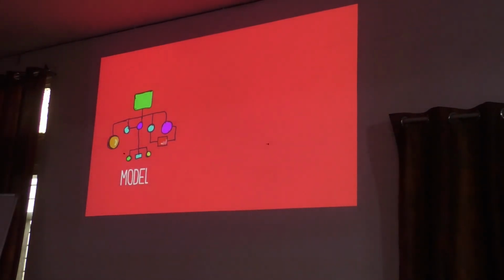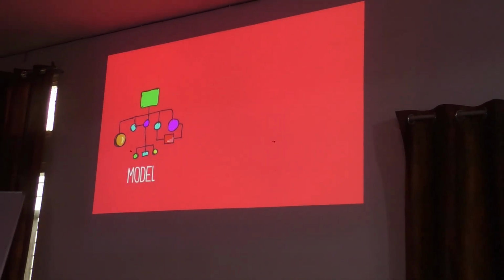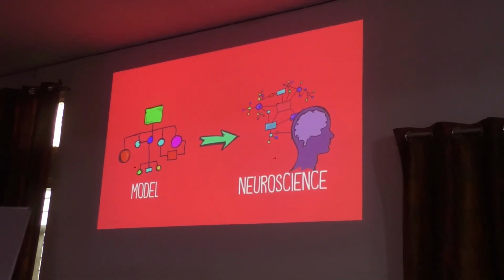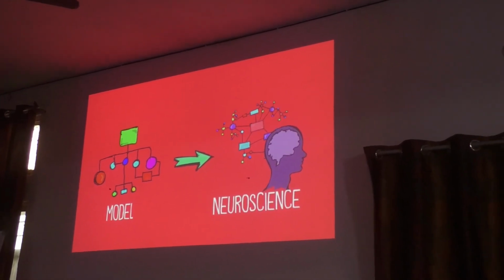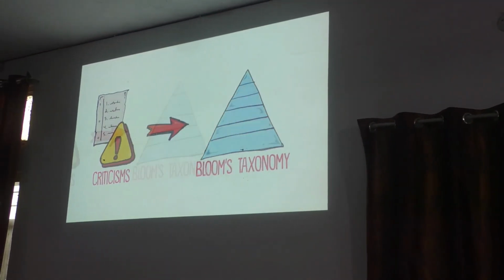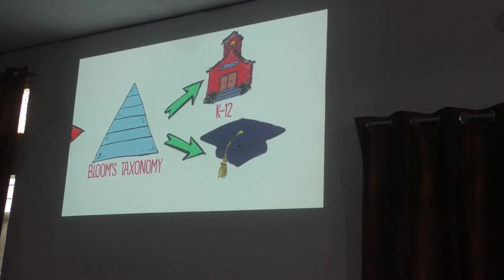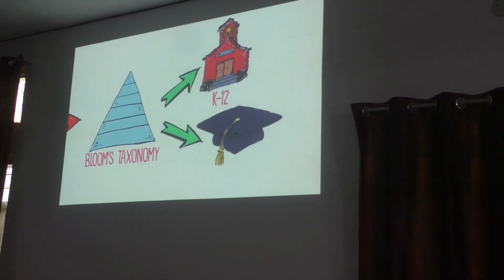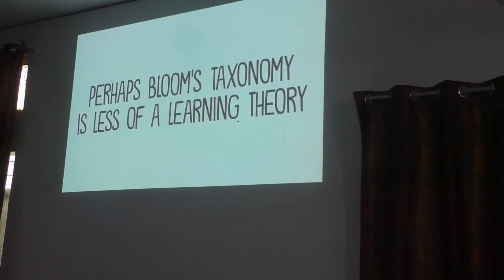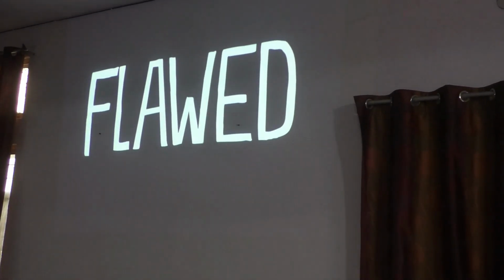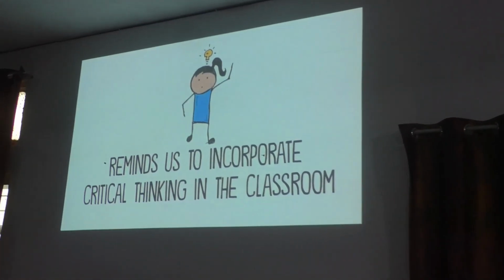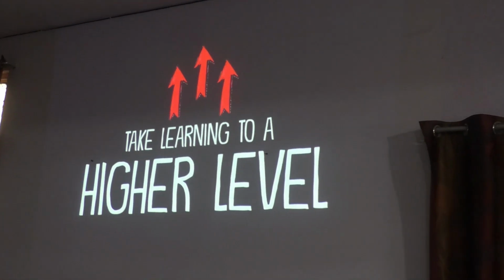This is why some critics argue that a more accurate model of mental processes should be built on our current understandings of neuroscience. And yet, for all of these criticisms, Bloom's taxonomy remains prevalent at both the K-12 and higher education levels. Perhaps Bloom's taxonomy is less of a learning theory and more of a framework, albeit flawed, that reminds us to incorporate critical thinking in the classroom and take learning to a higher level.